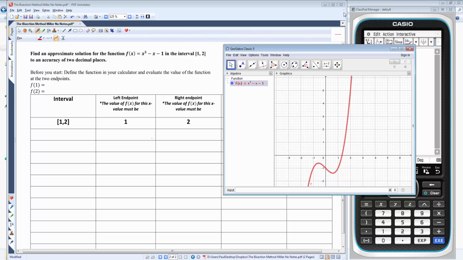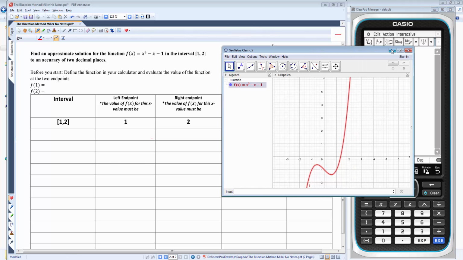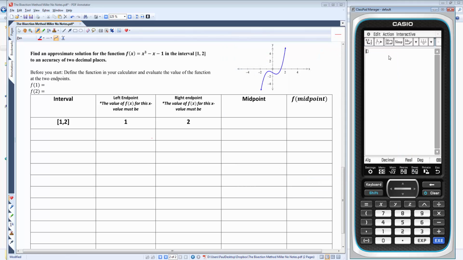So the next step is, because this is going to be a CAS-based question, why don't we actually get the solution? So what I'm going to do is use my solve function, and I'm going to solve x cubed, take away x, take away 1, when y is equal to 0 for x.